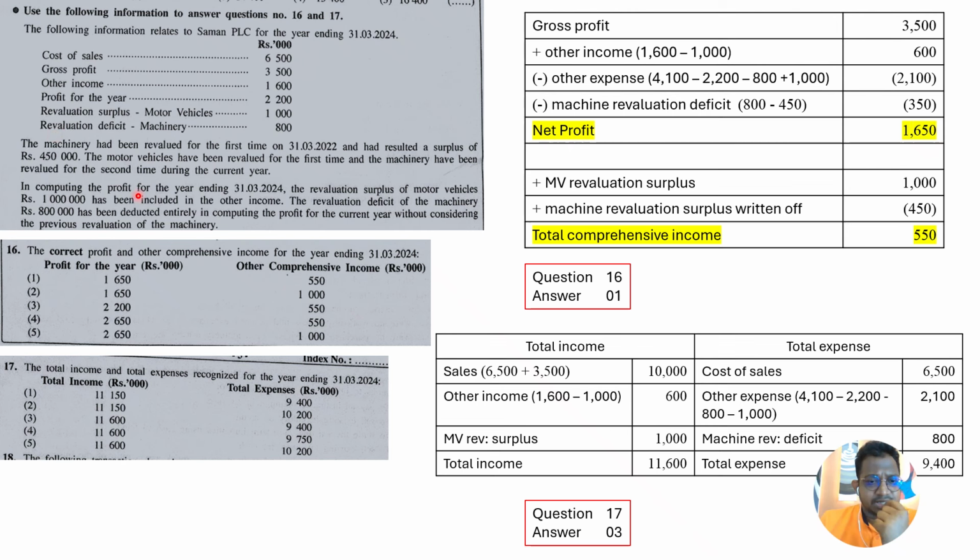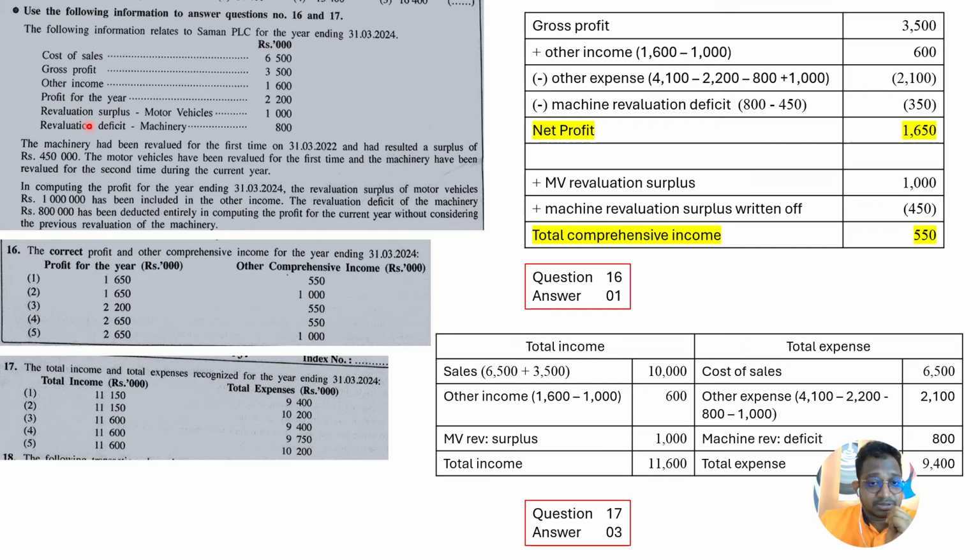But the case is, in computing the profit for the year ending, the revaluation surplus of motor vehicles, 1 million, has been included in the other income. So to find out the net profit, you have to exclude that revaluation surplus from other income. So you are correct. The adjusted other income is 600, and there is some adjustment to do for other expenses as well. So in here, the other expenses is given as how much?